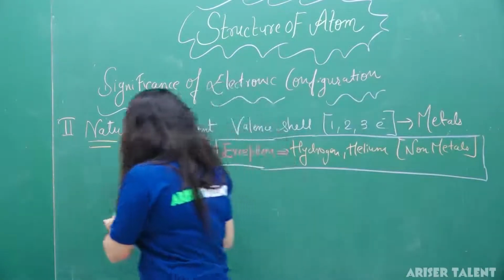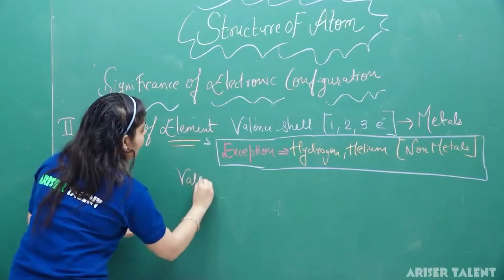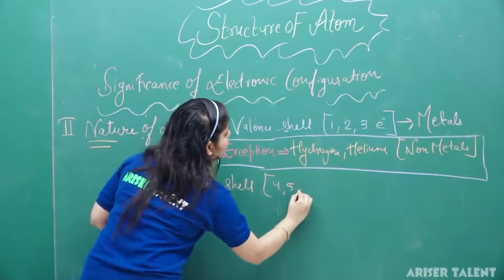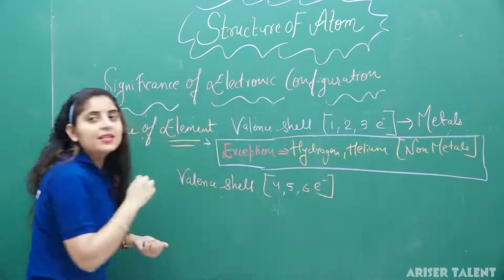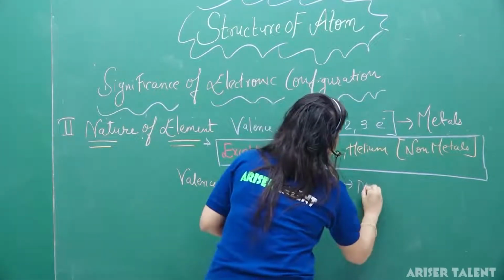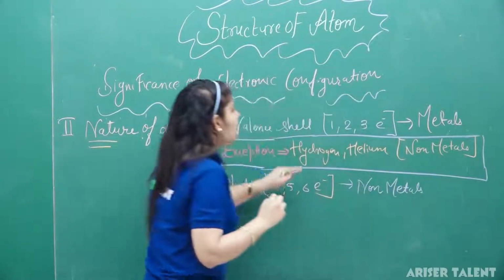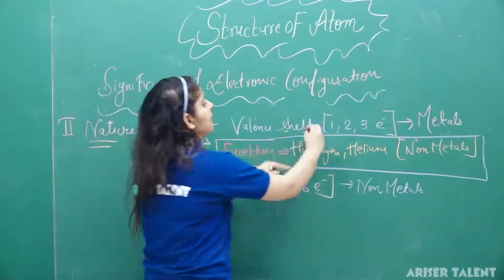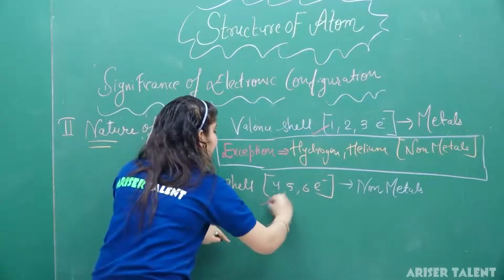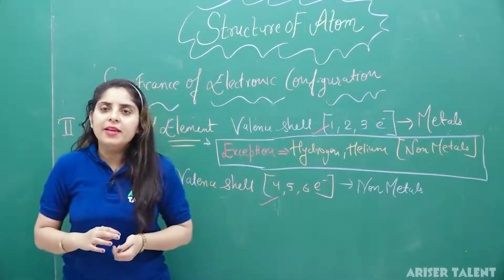Now, if the valence shell has 4, 5 or 6 electrons, we can say that these will be non-metals. So, 1 to 3 electrons will be considered a metal, and elements having 4, 5, 6 electrons will be considered in the category of non-metals. This is the significance of electronic configuration.